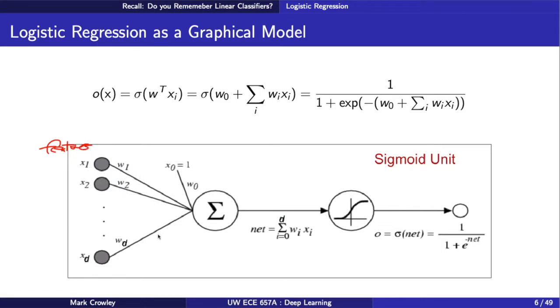And we've got weights on all of those features that we can use to combine and get some function. And then we apply it through the sigmoid function, and we get this output, which can be treated like a probability, right?